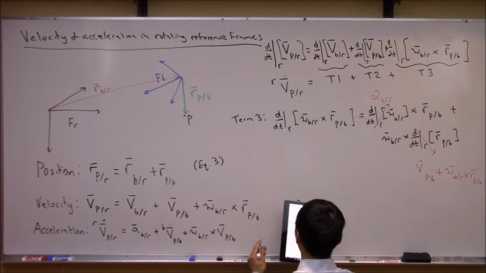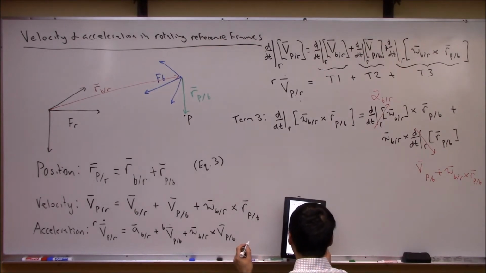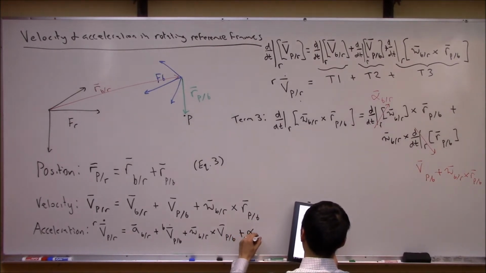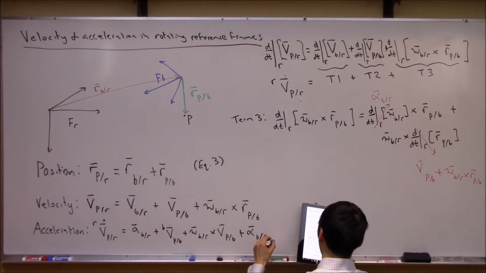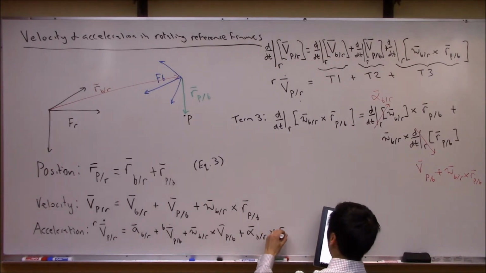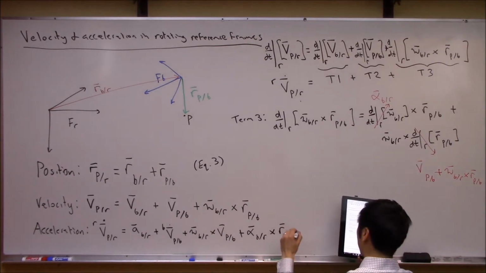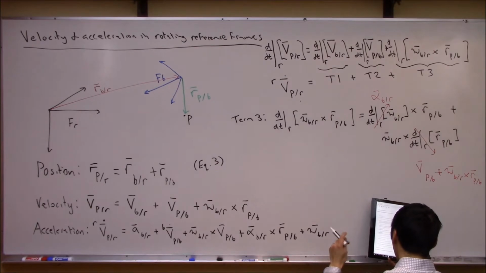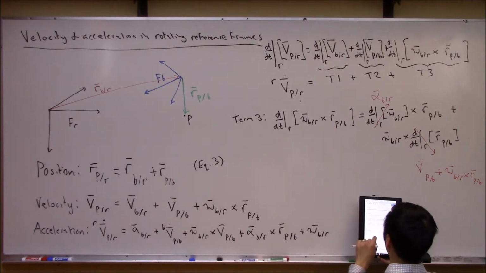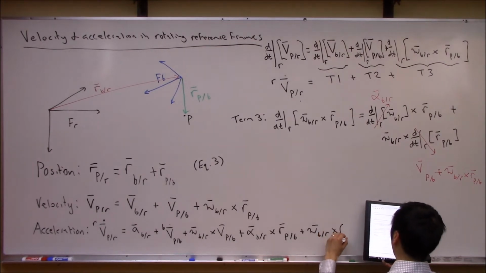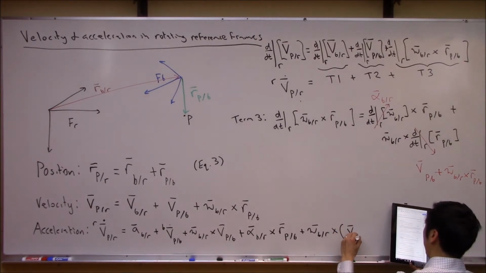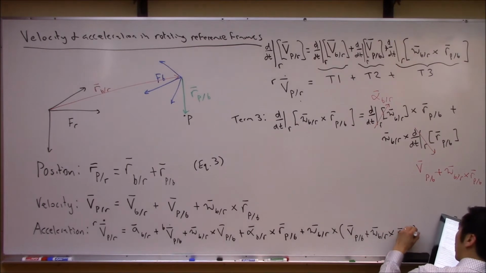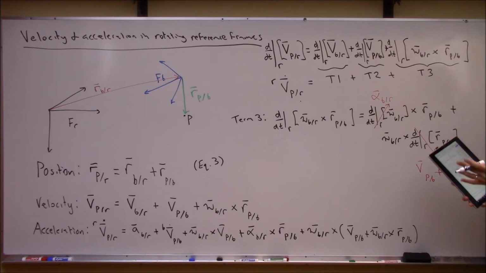So plus alpha B with respect to R crossed with r_P with respect to B, plus omega B with respect to R crossed, in parentheses now, substitute that other expression for the velocity, V_P with respect to B plus omega B with respect to R crossed r_P with respect to B. Ugly expression, but it's correct here.